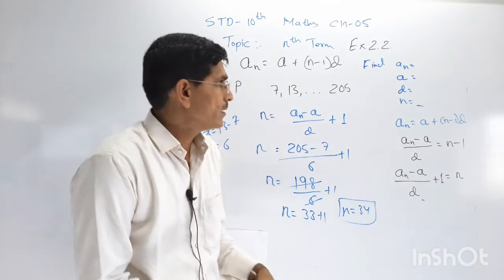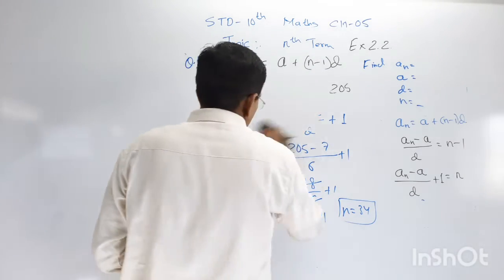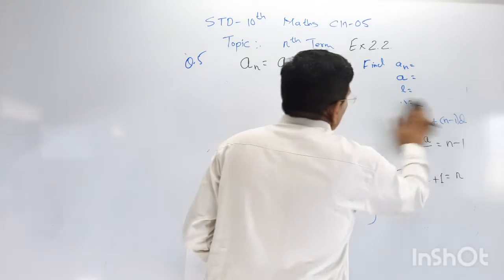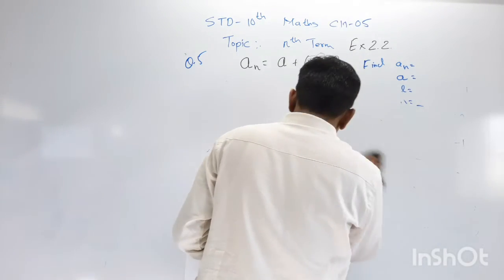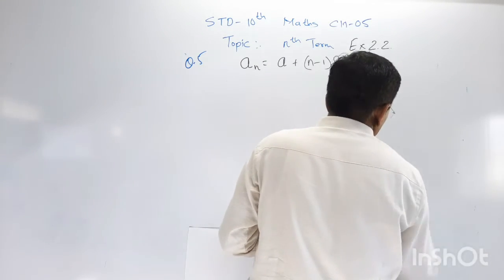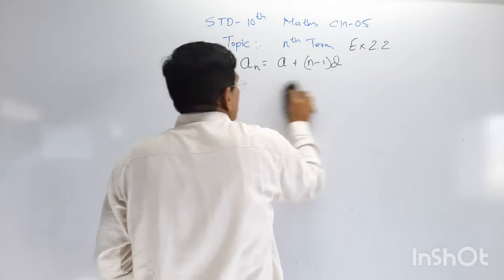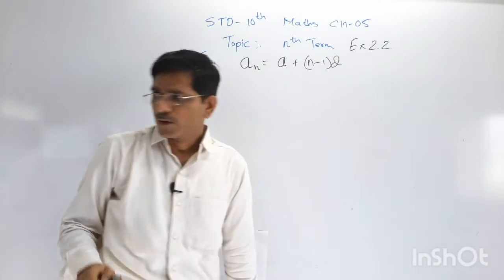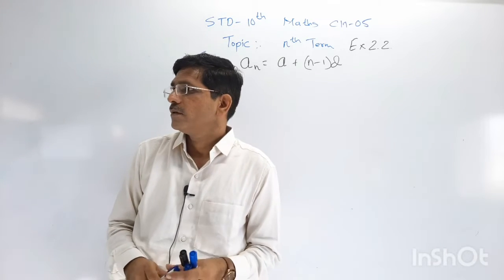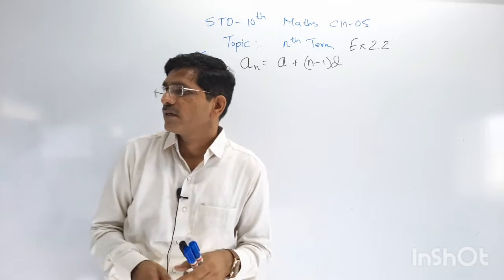Now one more sum we have to go through. If I am doing question number 7, in question number 7, two values are given, and by using them we can find the answer. The question: the 31st term of an AP whose 11th term is 38 and 16th term is 70.